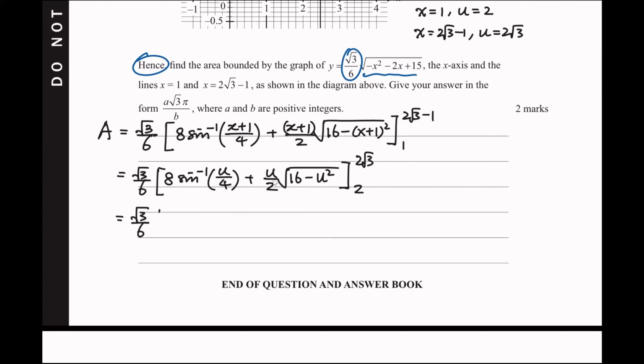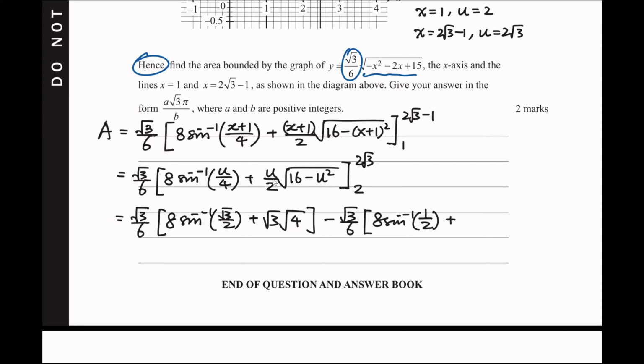And you get root 3 on 6 times 8 sine inverse of 2 on 4. 2 root 3 on 4 is root 3 on 2. Plus, let's say 2 root 3 on 2, that's a root 3 times the square root of 16 minus 12, that's a 4. Subtracting root 3 on 6 times 8 sine inverse of 2 on 4, which is half, plus 2 on 2 is 1, and 16 minus 4 is 12, root 12. Oh, root 3 times root 4 cancelled root 12.